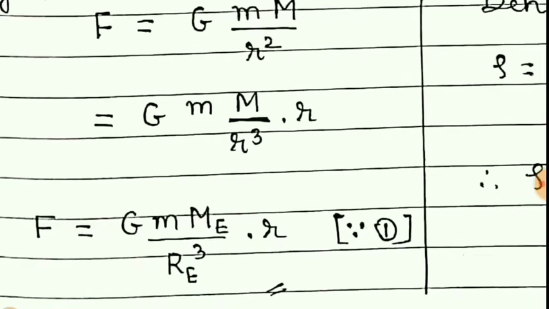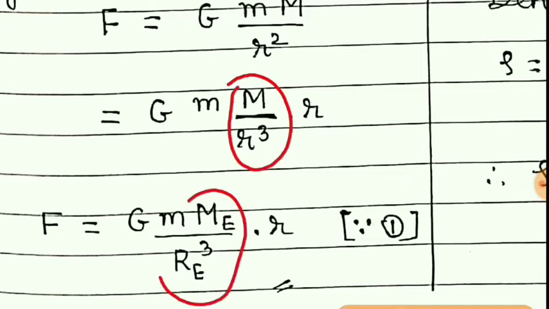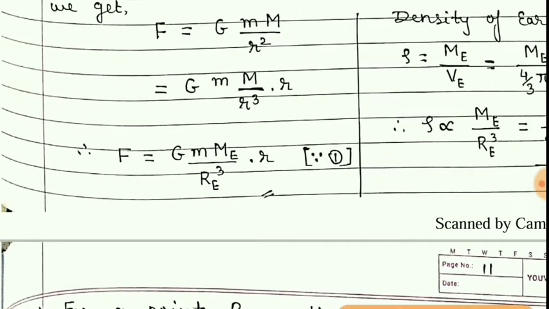In our next step, in place of m upon r cube, I kept Me upon Re cube, rest of the things as it is. So this is the formula for the force acting on the particle of mass m below the earth, which is at a distance r from the center of the earth.